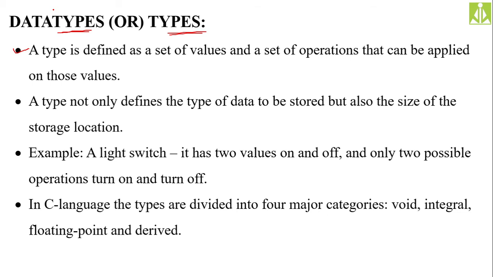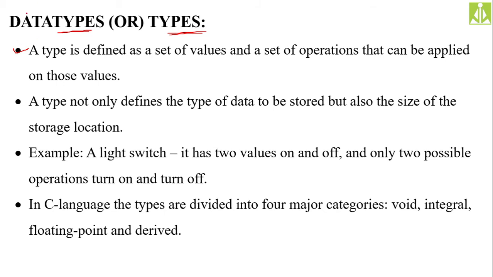The light switch can be in on state or it can be in off state. So those two states you can consider the values of that switch. There is no other possible state for an electric switch.